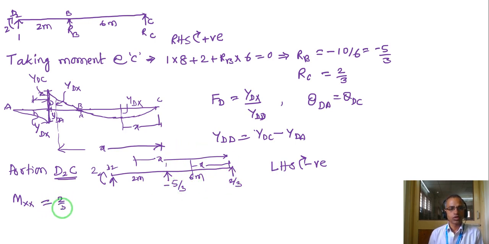So 2/3 into x. Then if x goes beyond this span here, again this will produce anti-clockwise positive. So minus 5 by 3, sorry, RB is minus 5 by 3. Okay, fine. I should have written a downward reaction, but it's okay.